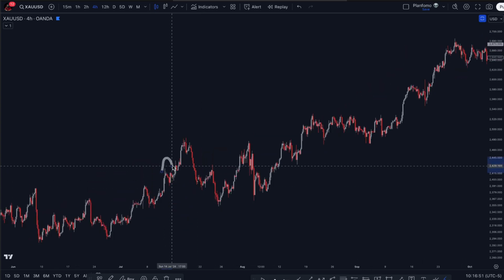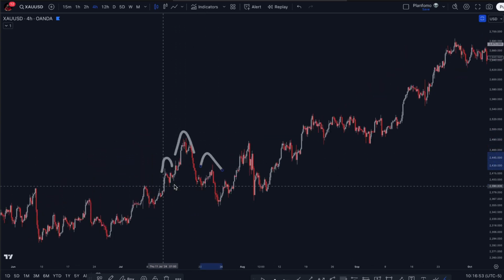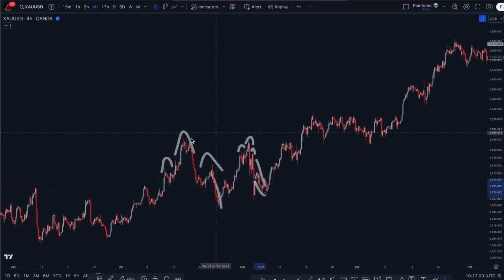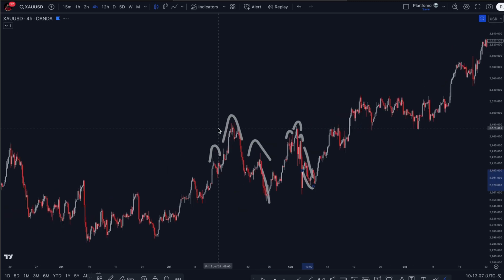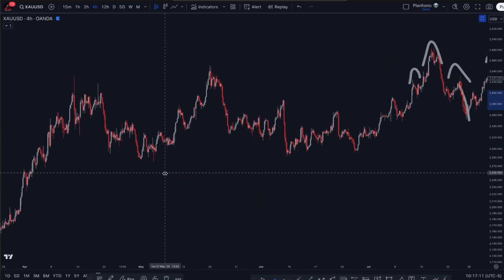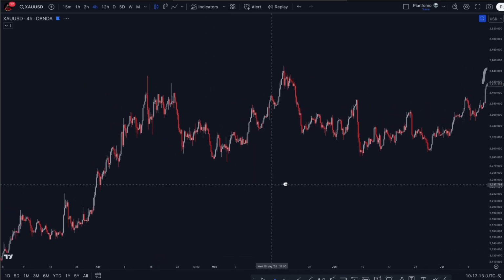All right. Left, head, right, movement to the downside. Not that perfect, but still. Left, head, right. So the psychology behind the head and shoulders patterns works. It works. It has a high success rate that this will play out, so keep an eye on it.